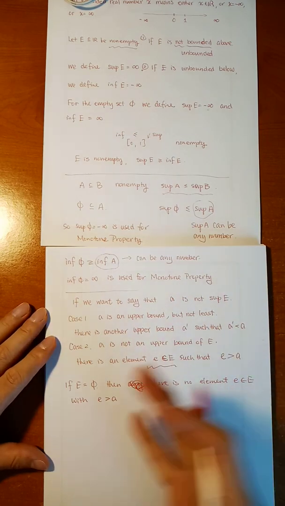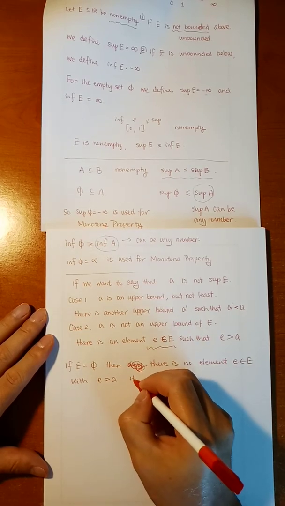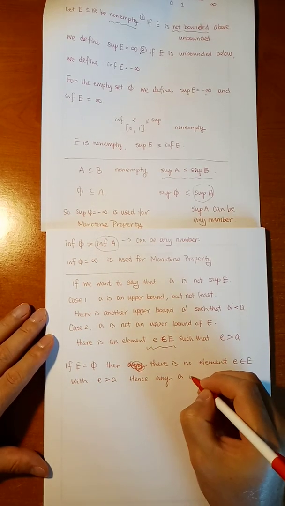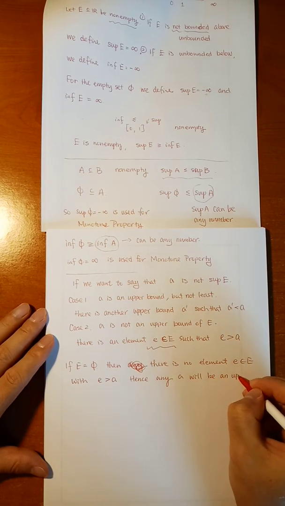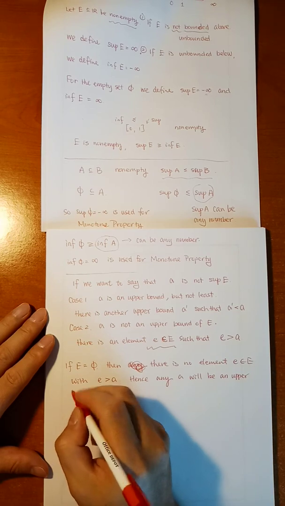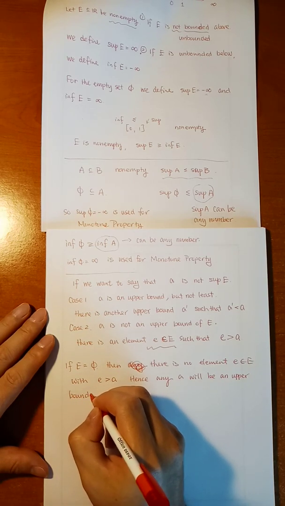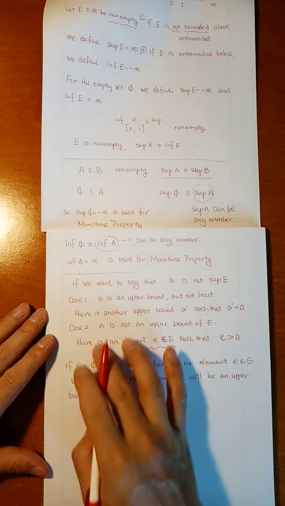Hence, any A will be an upper bound, because if A is not an upper bound, then you have to find an element.